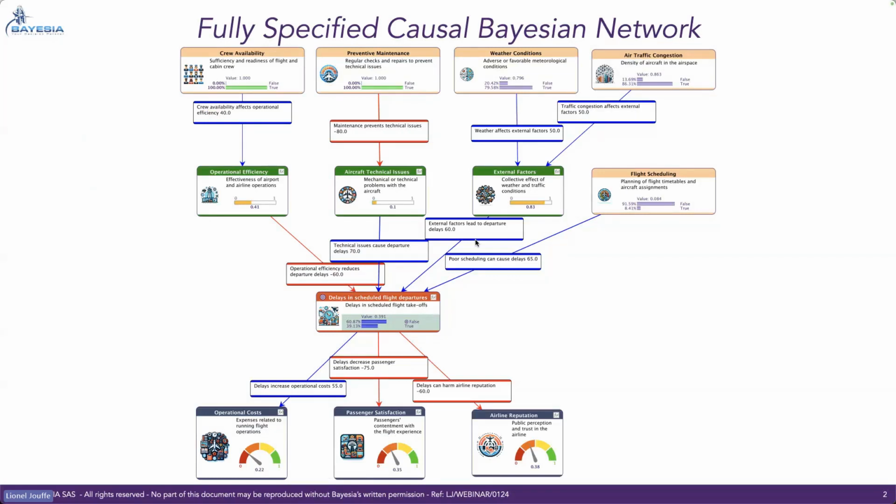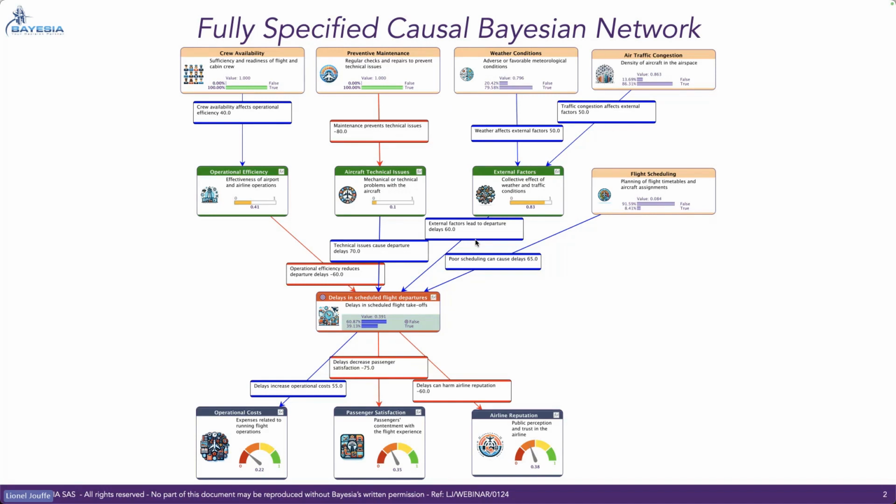So one network that has been created with the new feature of Hellixia. So it's a causal network that I'm used to say that it's now a fully specified causal Bayesian network. So we have not only the nodes, but we have also the links with the causal effect, and also the conditional probability tables that are populated, right?